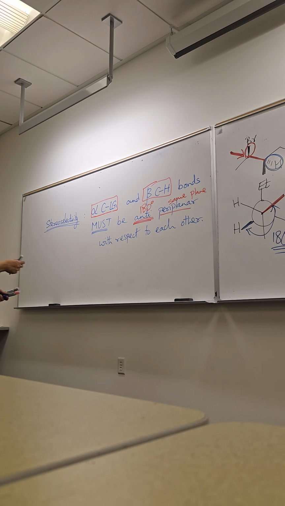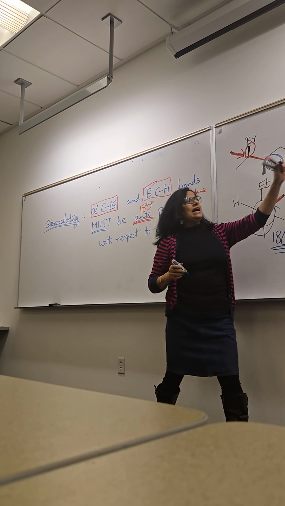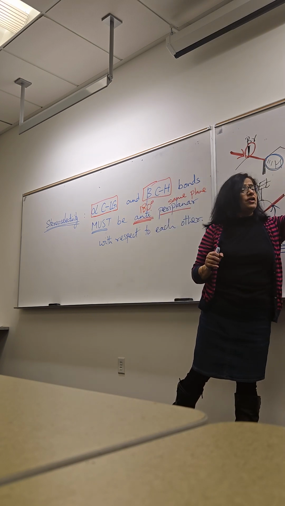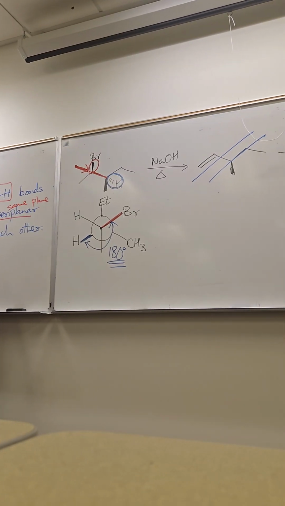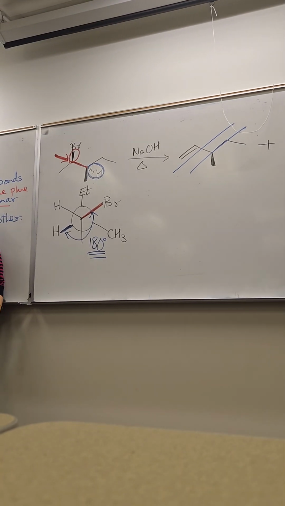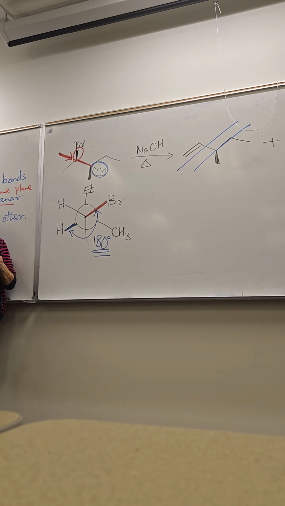Will happen. Okay, cool. So now, will we actually get both products that are on the board, the cis and trans, or just one? In this case, just one. Which one? So let's figure that out.